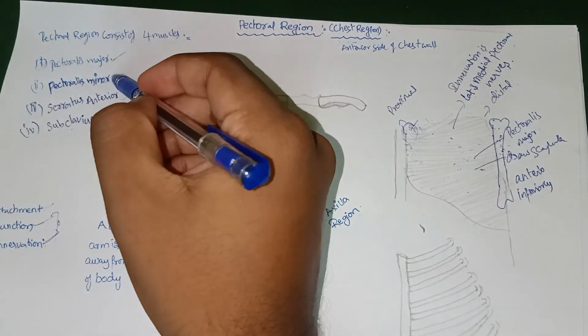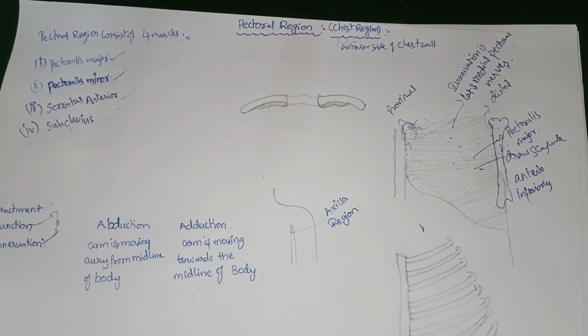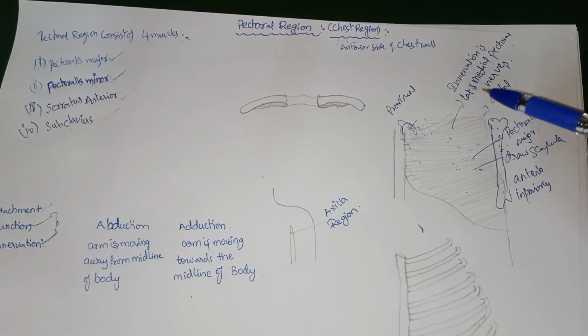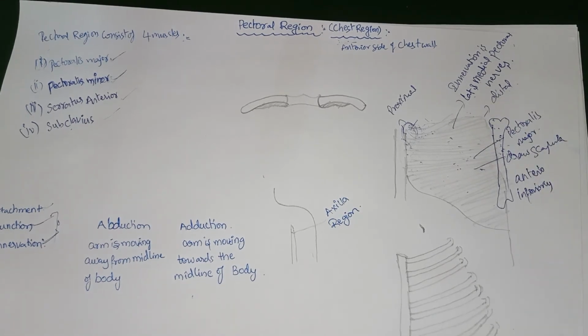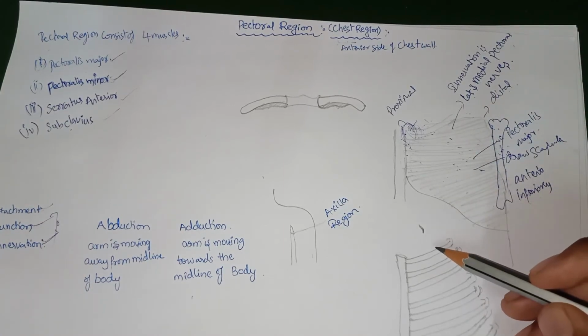Now pectoralis minor muscle. The second one is pectoralis minor muscle. So pectoralis minor muscle lies underneath its larger counterpart muscle. So where is pectoralis minor muscle present? Underneath the pectoralis major muscle.